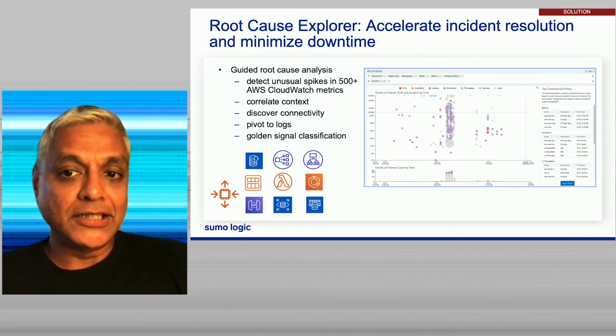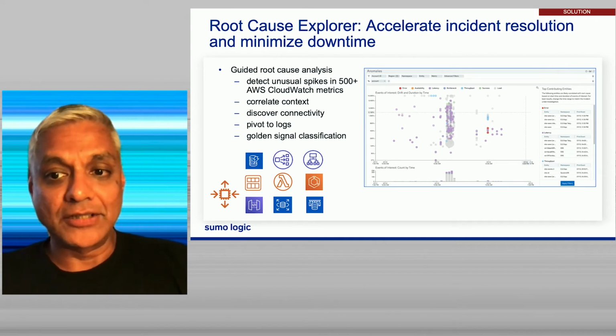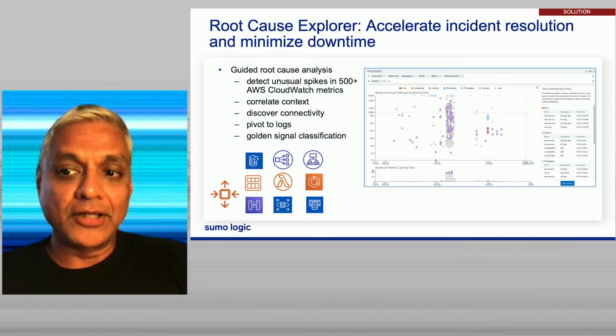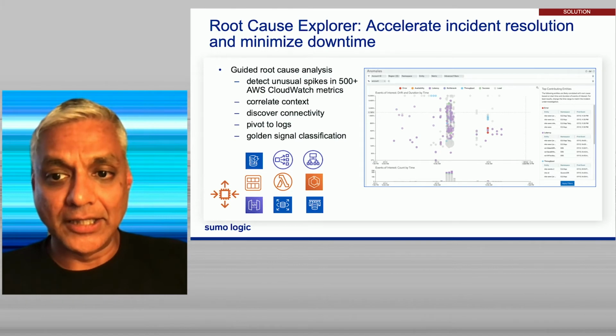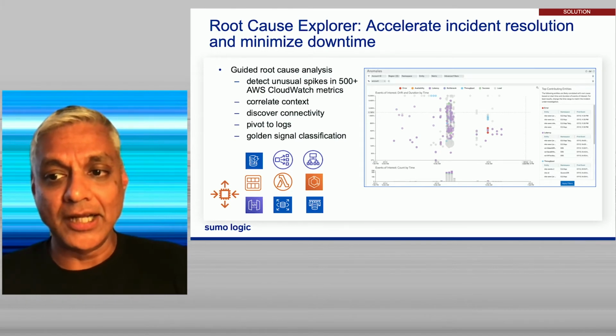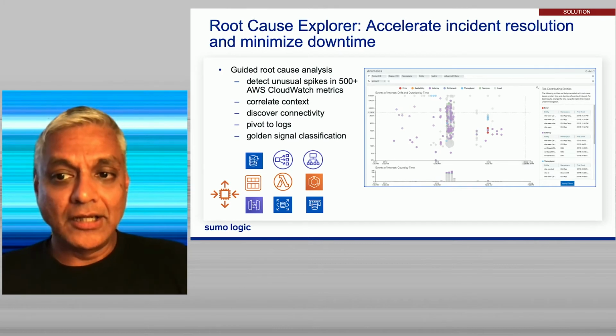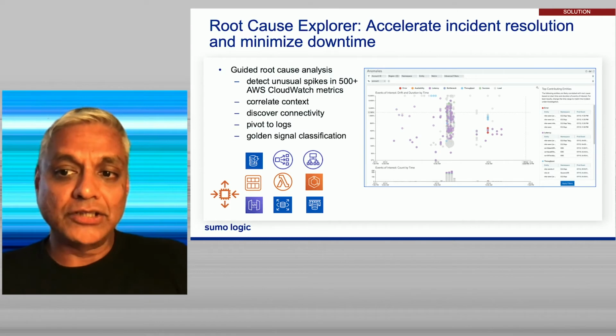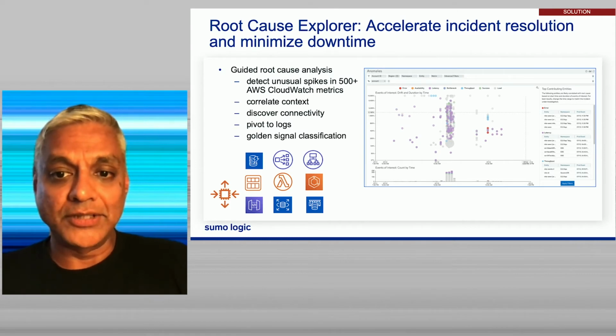First, it detects unusual spikes or events of interest in over 500 AWS CloudWatch metrics in the 9 AWS resource types that are listed on this slide. It does this after modeling the daily or weekly periodicity in these metrics. To do this, we leverage machine learning for every combination of entity and metric in your AWS account.